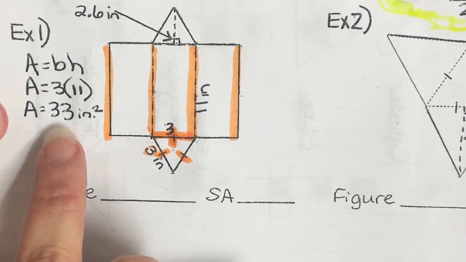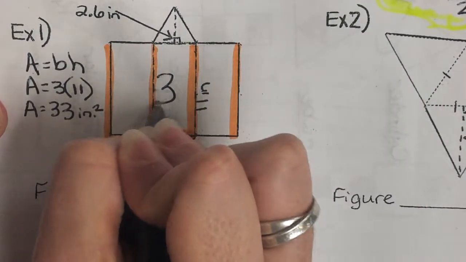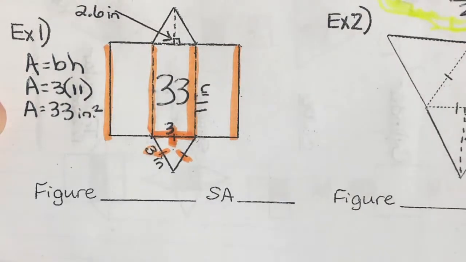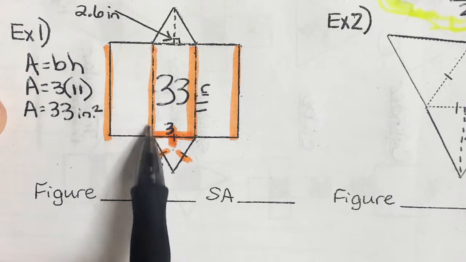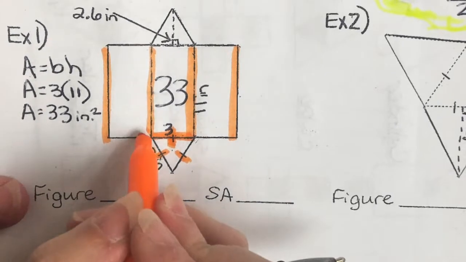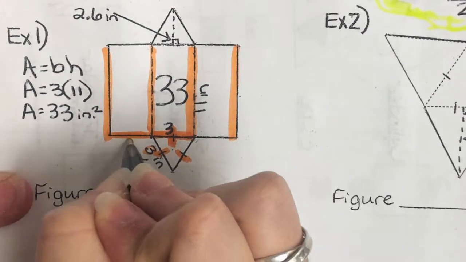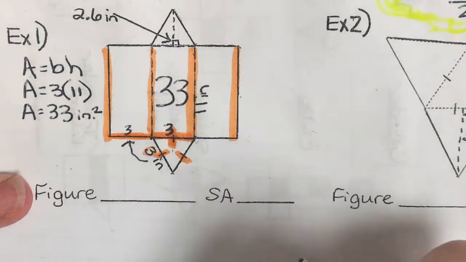Now, that is the area of this rectangle. Does everybody agree? But I want you to think about it. If this one's 11, how long was this wall right here? 3. Like this is the same as that. So that was a 3.